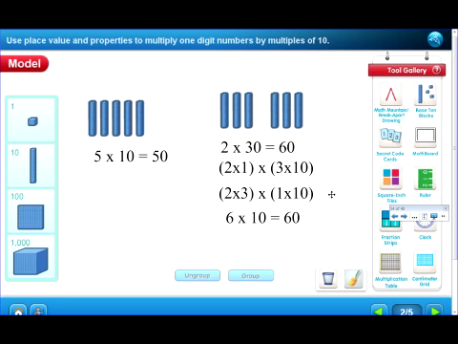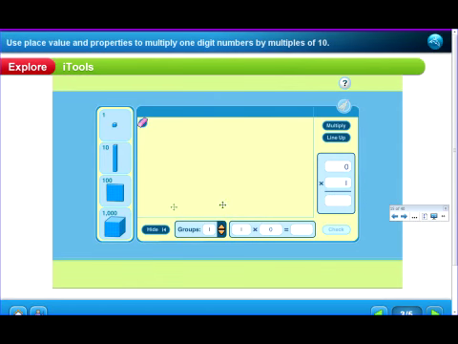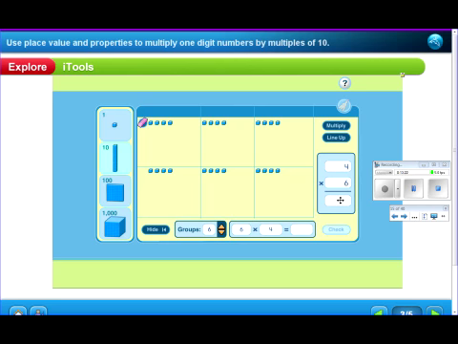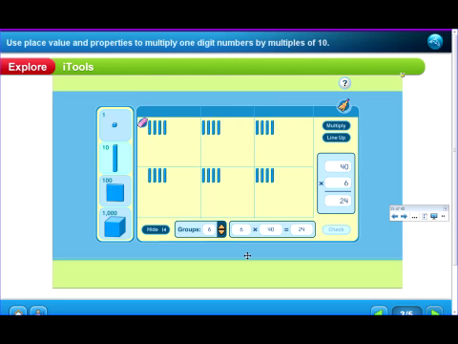Now, I want to share with you a shortcut. If I take 6 times 4, my answer is going to be 24, correct? But when I take 6 times 40, this is a multiple of 10, my answer isn't 224 anymore. It should be 240.